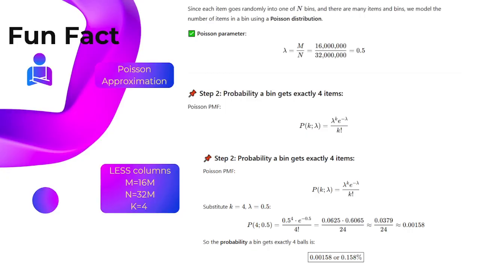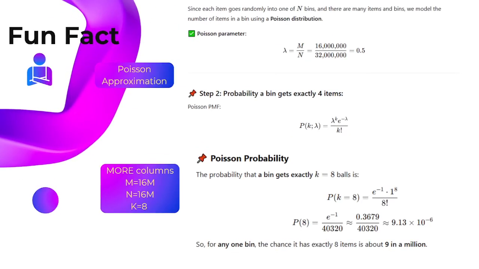So it's still pretty high, if we keep m equals 16 million, n equals 32 million, and we only have 4 columns. Now, what if we double the number of columns and reduce the number of rows, the number of bins? We still have 128 million total possibilities, and we still have 16 million balls.